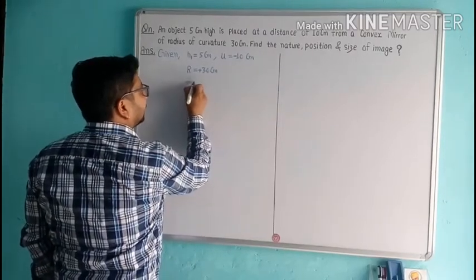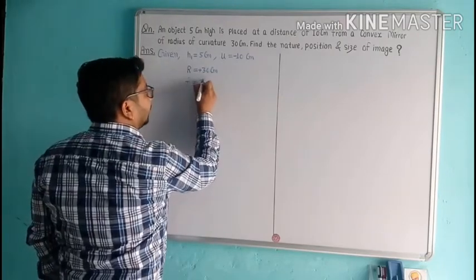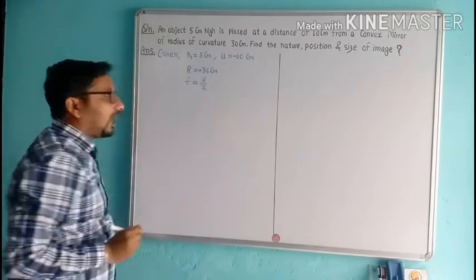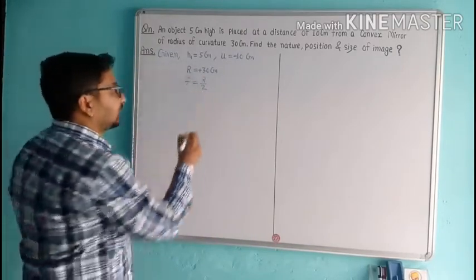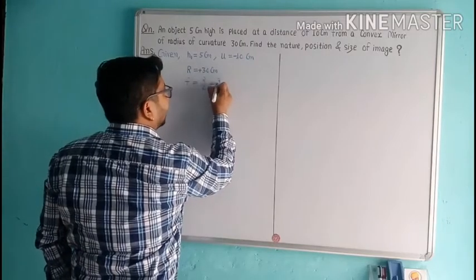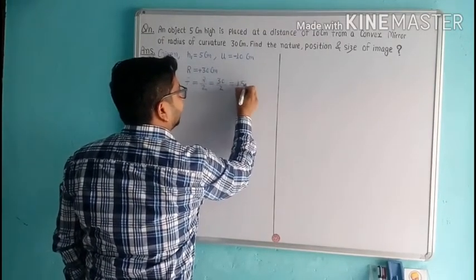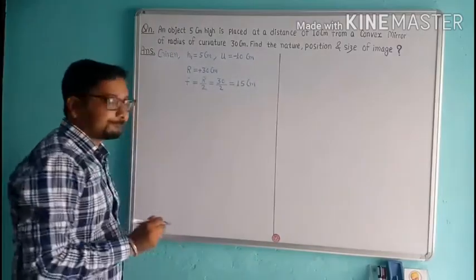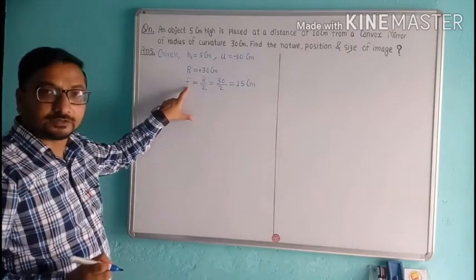Then we can easily find the value of focal length, because F is equal to R by 2. Focal length is half of the radius of curvature. That is 30 by 2, that is 15 centimeter.